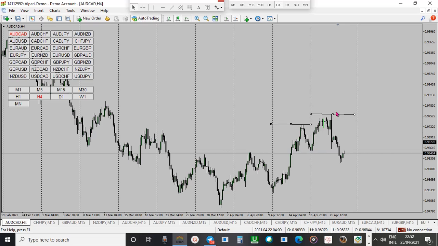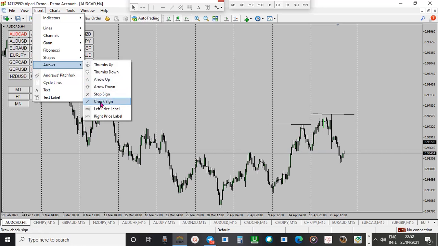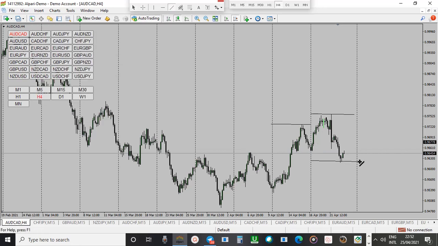Okay, so we have the high of last week, that is where others are residing. Smart money is there. So then we can also find liquidity pool at the low of the week. At the low of the week, you can find liquidity pool here too. This is the low of last week for this currency.